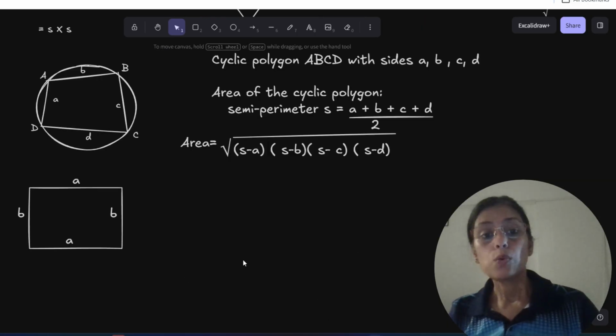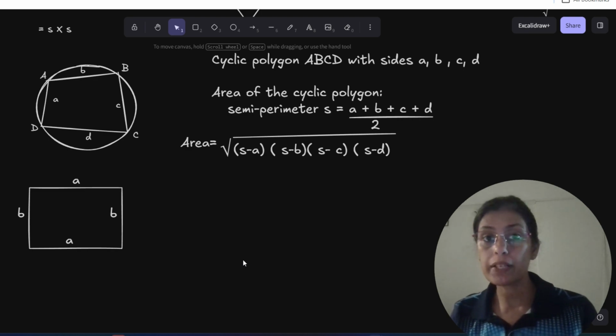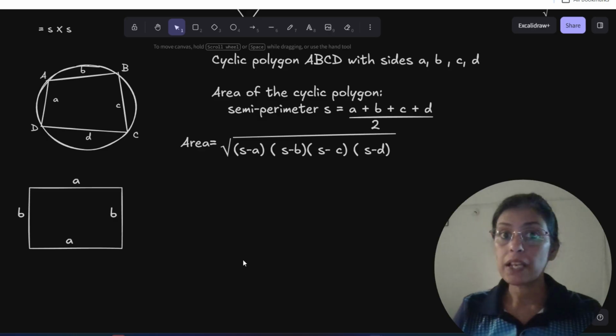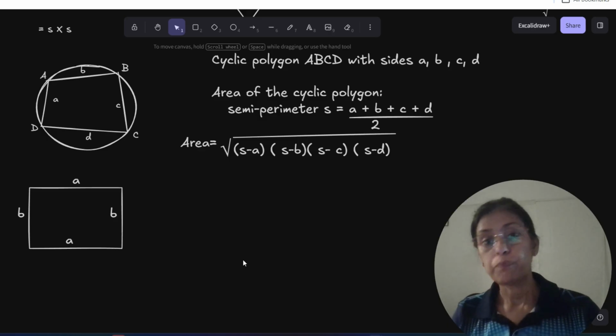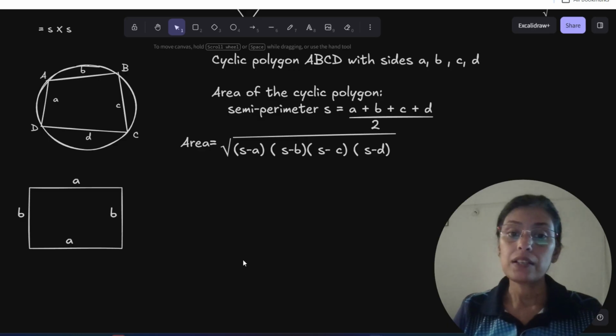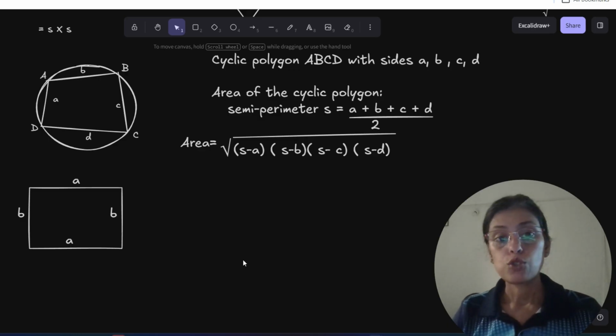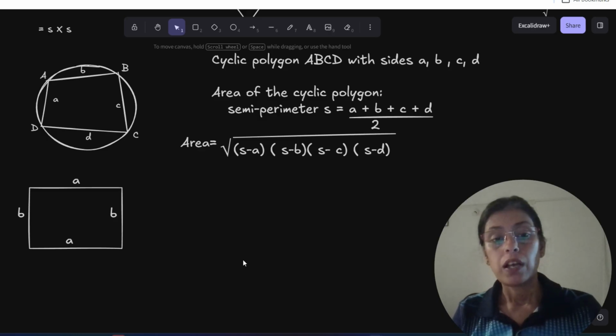Just like we learned what Heron's formula is, and then validated it by comparing it with the area from the half base into height formula, similarly we will compare it to the different formulas we already know for the area of a polygon and compare with what we get when we apply Brahmagupta's formula.